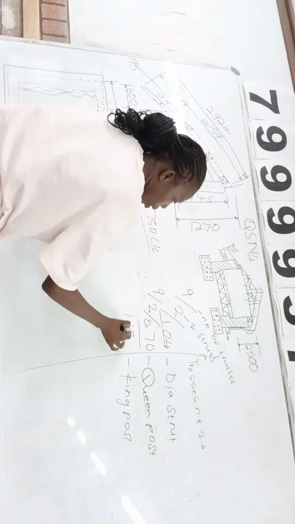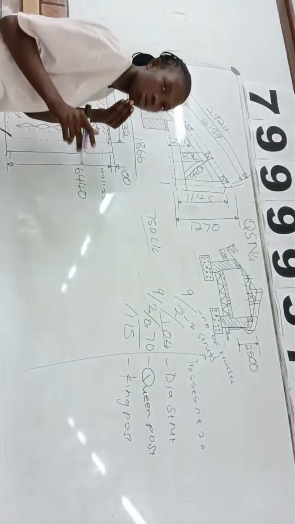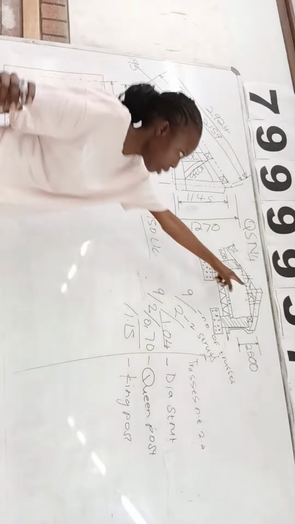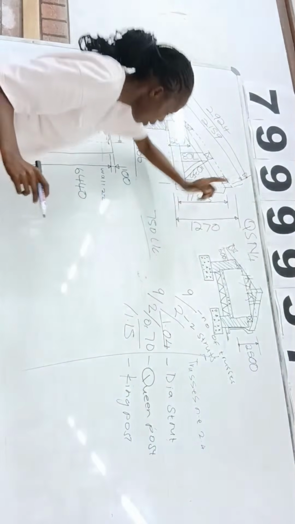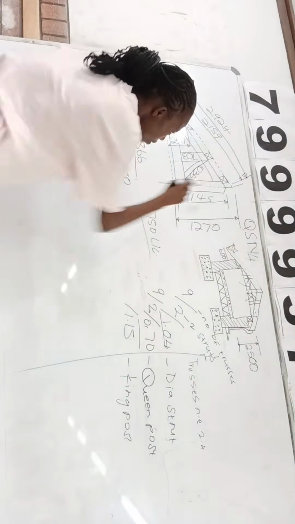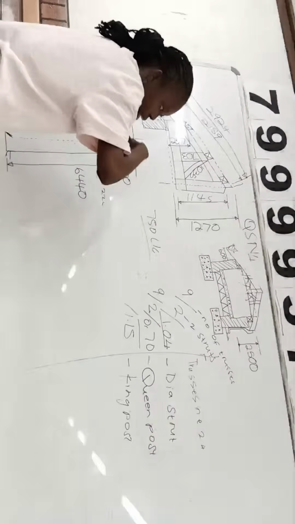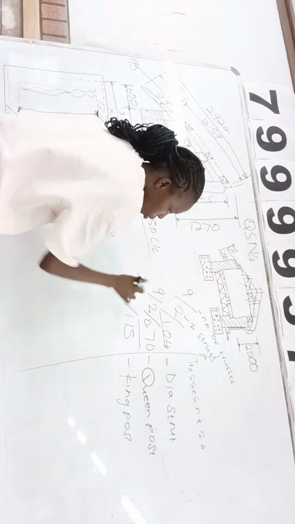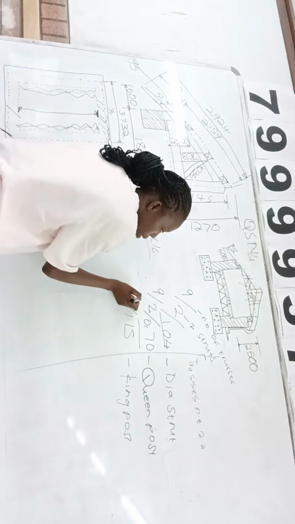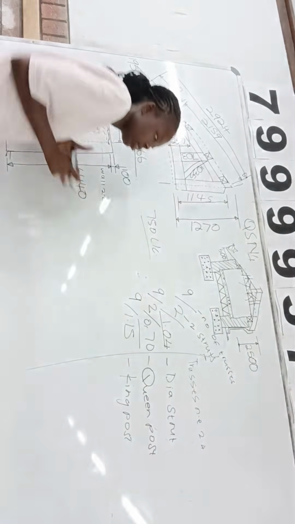So it's 1,15. How many king posts do we have? 1. This is your king post, it's only 1. Even if you were to continue writing a full class, you will find out that it's 1. So you don't write that 1, then you multiply by the number of trusses, which is 9.